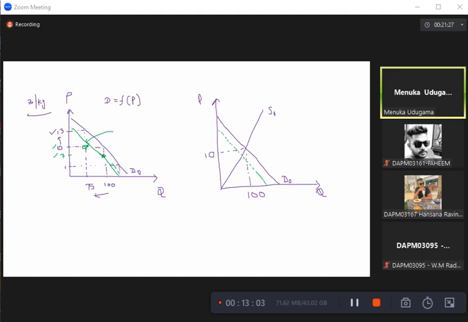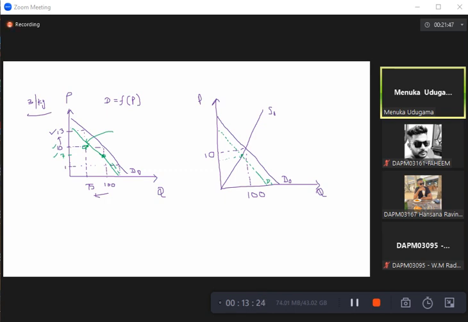Now there's a new equilibrium here, right? The new demand curve, which is actually an effective demand curve, crosses the supply curve there. So we can see that there's a new equilibrium where demand and supply cross.